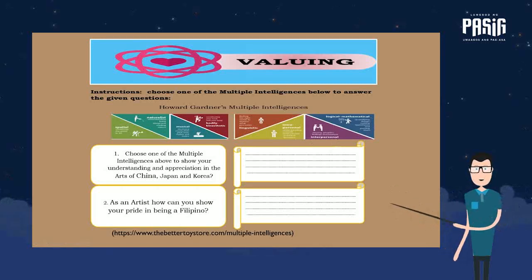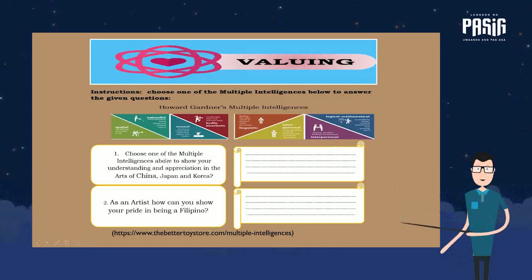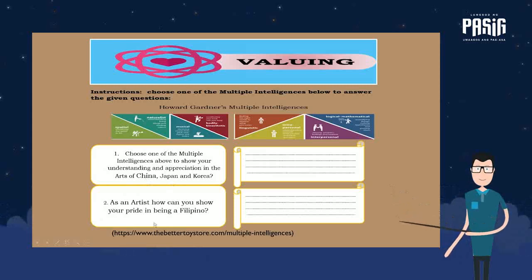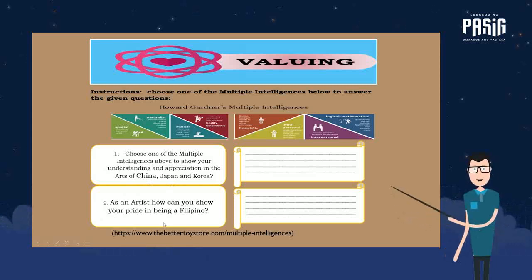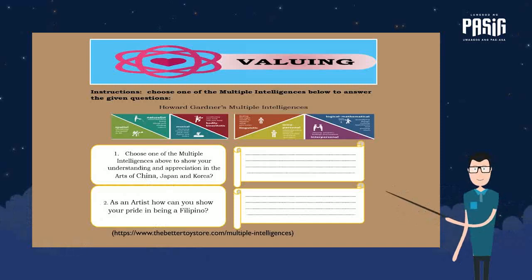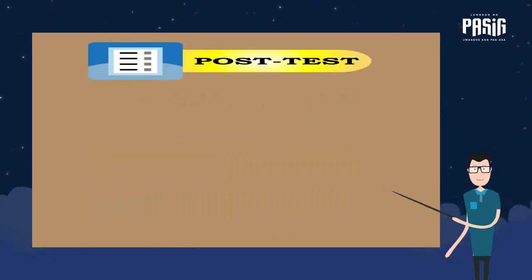Here's our first question. Choose one of the multiple intelligences above to show your understanding and appreciation in the arts of China, Japan, and Korea. And number 2, as an artist, how can you show your pride in being a Filipino? Please write your answer on your notebook. Please do this at the end of the lesson.